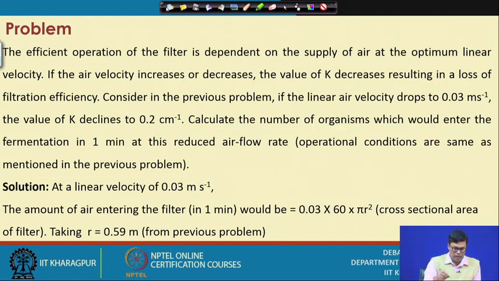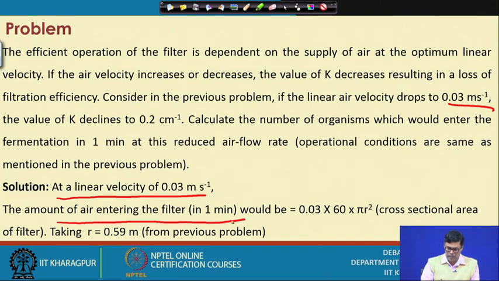Now, how can we solve that? The linear velocity is 0.03 meter per second. The amount of air entered in 1 minute we can easily calculate: multiplied by 60 per minute, then pi r square. The radius is 0.59.